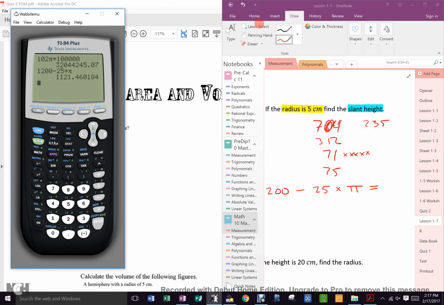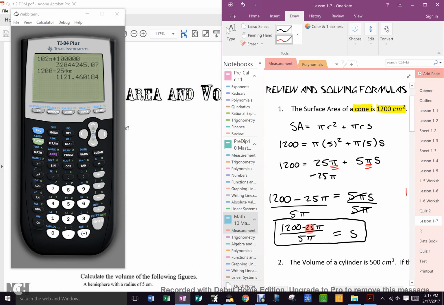Now, the next thing, if you look at what we are working with, it says divided by 5 pi. Now, your calculator knows order of operations. Are you trying to divide by 5 and then by pi? Or are you trying to divide by 5 times pi? 5 times pi, yes?